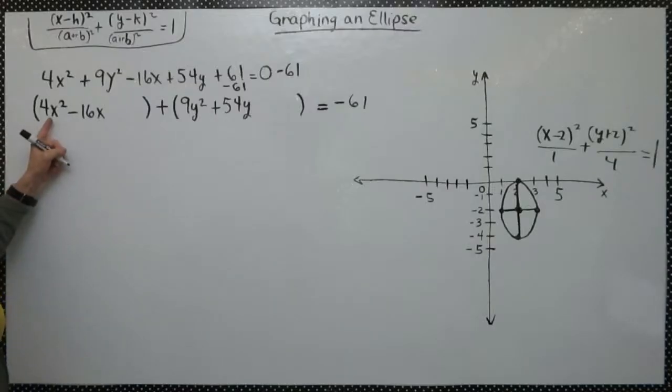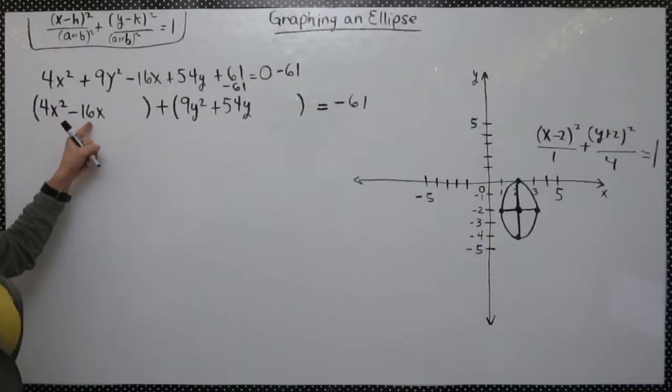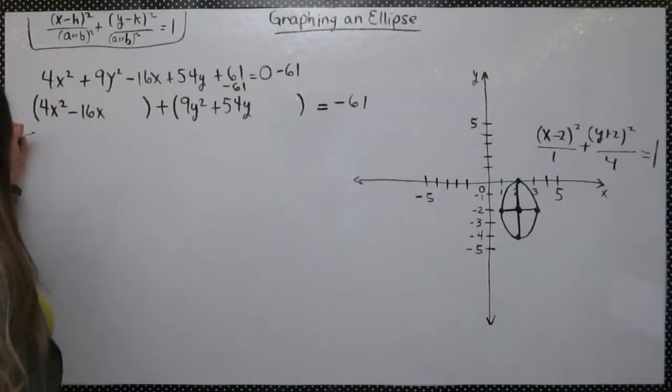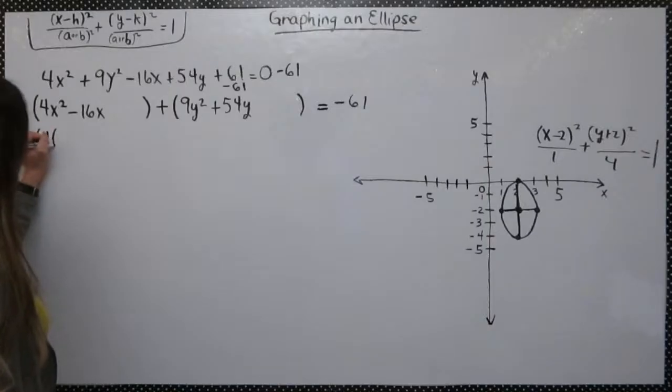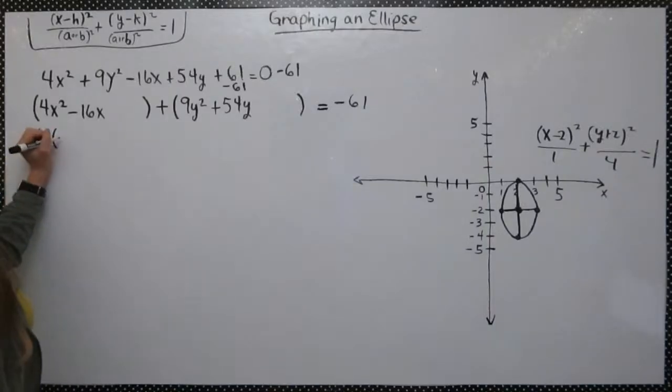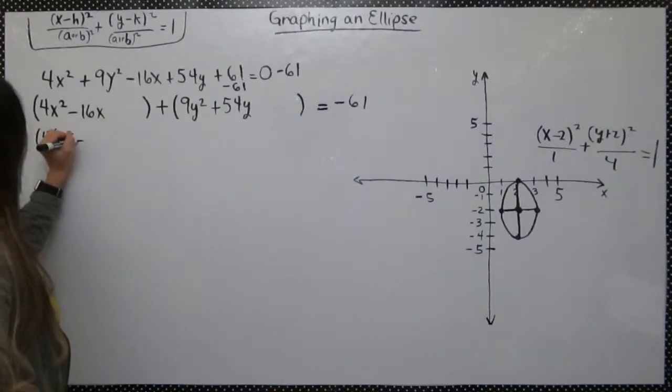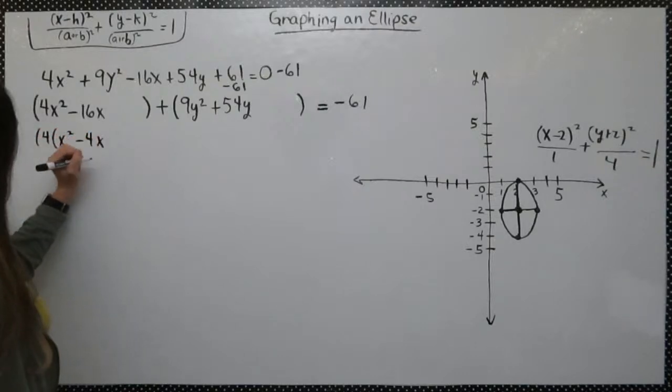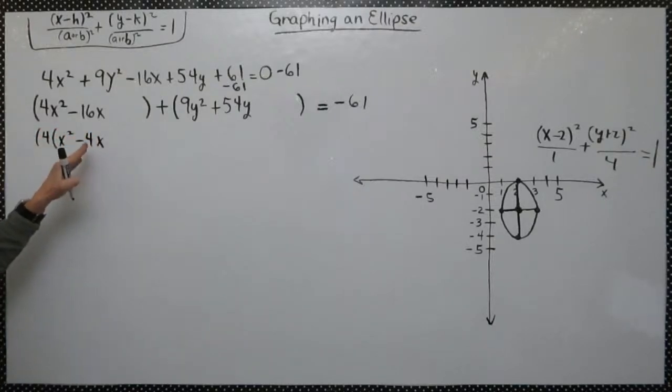So I am actually going to factor out the quantity 4 from both of these terms. Okay, so I've got to do that. I'm going to say 4 times parentheses x squared minus 4x, because I have to think what factor I can multiply this number by to get this number back, and so it has to be 4 times 4.